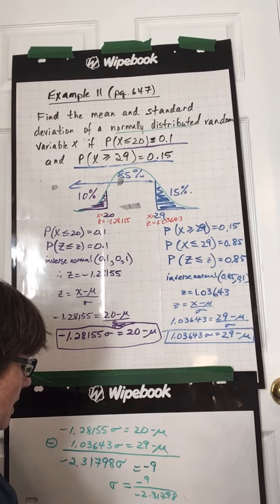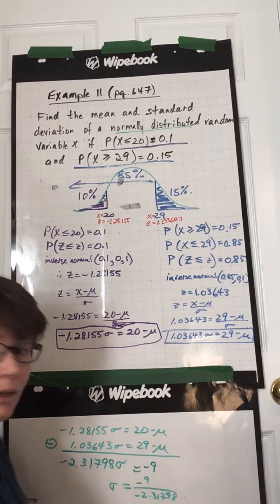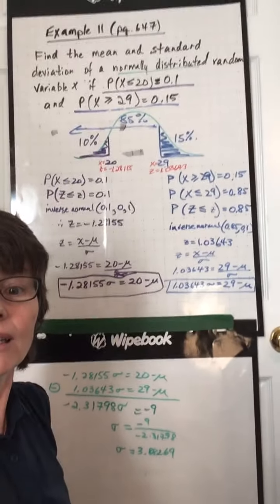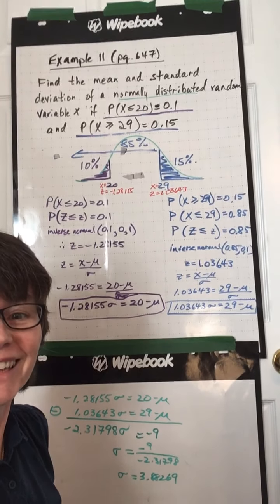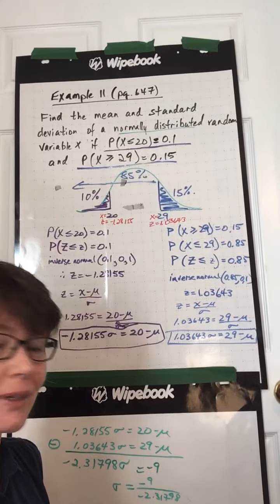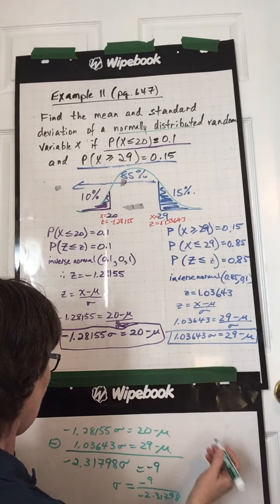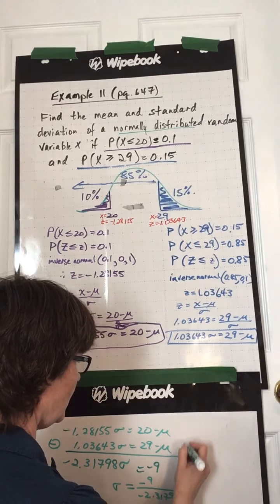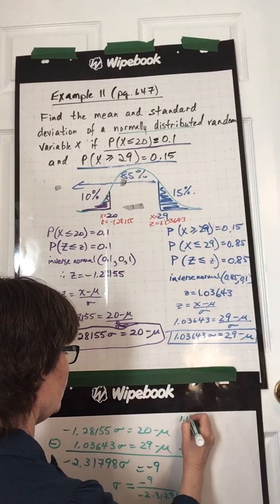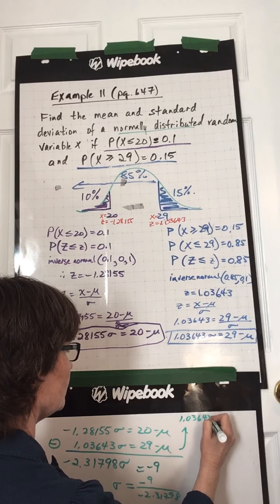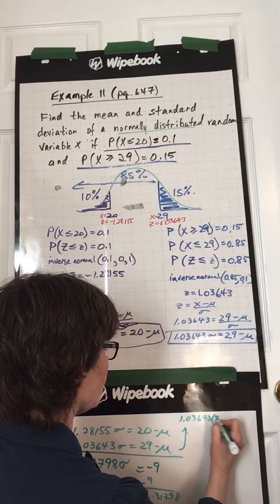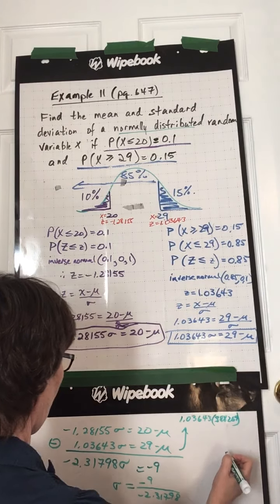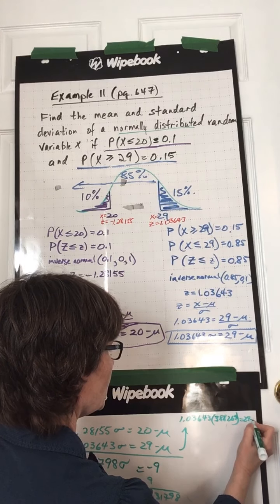Now, put this back into one of our equations. Let's say this one because that's positive, it just seems easier to work with. Sigma times 1.03643 equals 29 minus mu.